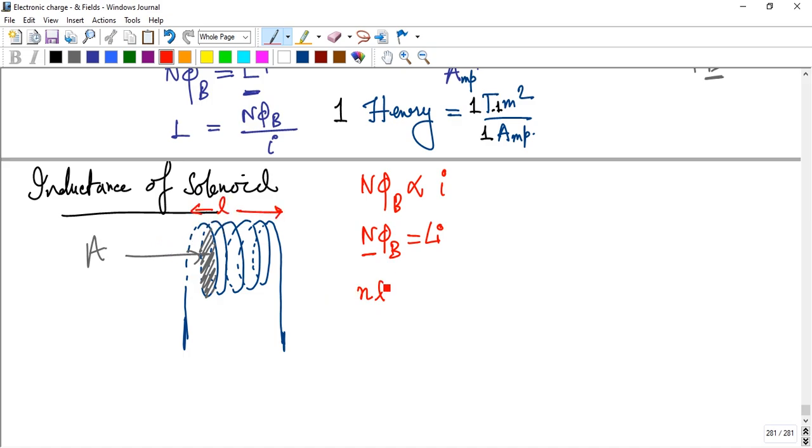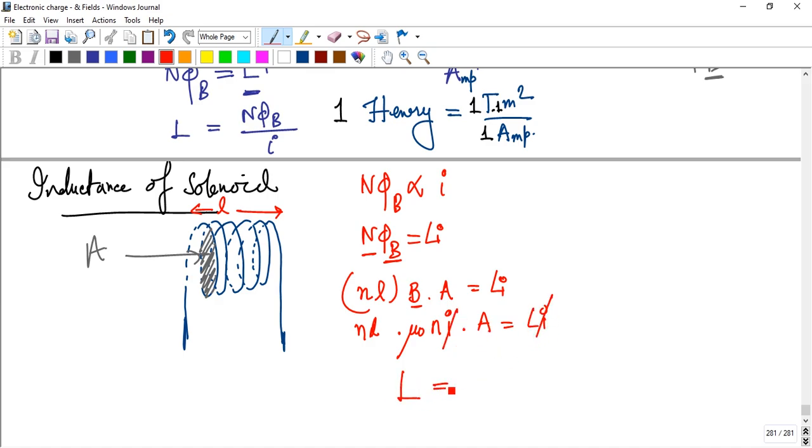And phi B is the magnetic field times area, equal to L times I. Here B we get from Ampere's law: B equals mu 0 n I. Suppose the area is A. If I cancels, we get L equal to mu 0 n square A l.